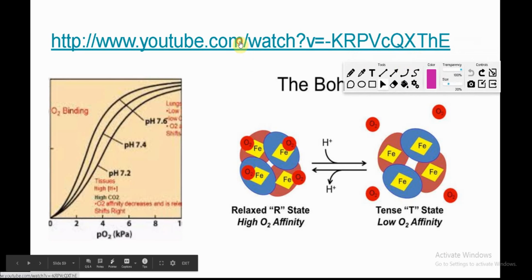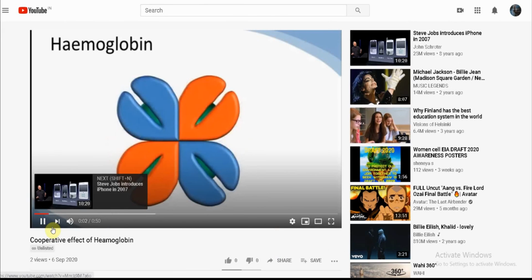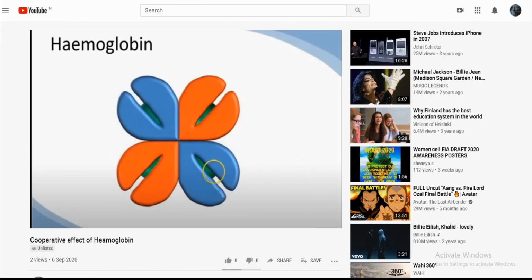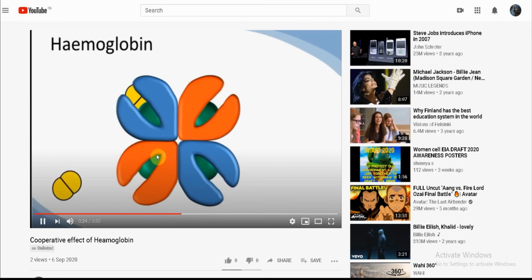I will show you a video. See, these are the 4 heme groups. When the first oxygen atom enters the first heme group, there will be some conformational changes, and we can see that it will increase the affinity for the next oxygen molecule to attach to the ion in the next heme group.